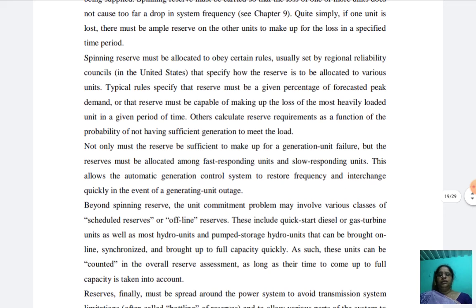Then, beyond the spinning reserve, the unit commitment problem may involve various classes of scheduled reserves or offline reserves. These units can be counted in the overall reserve assessment as long as their time to come up to full capacity is taken into account.